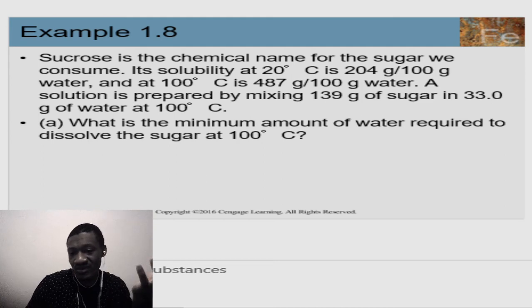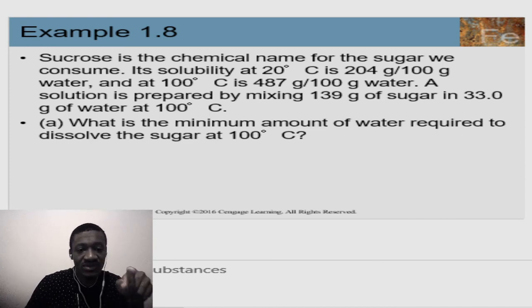Same when you're boiling water or when something is hot, the particles become very randomized, so you can dissolve more in the heat than in the cold. That is why you better dissolve your sugar in a hot tea than in a cold tea. Sometimes when it's too much, you see the residue underneath, and it depends on the kind of sugar as well. Some of the sugars are very difficult to dissolve, so that's by the way.